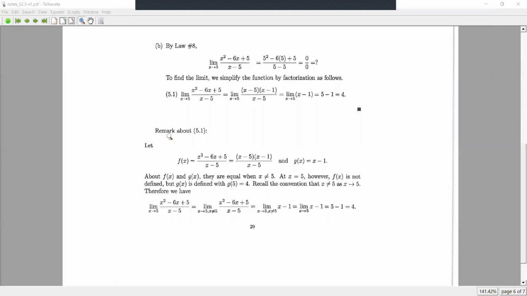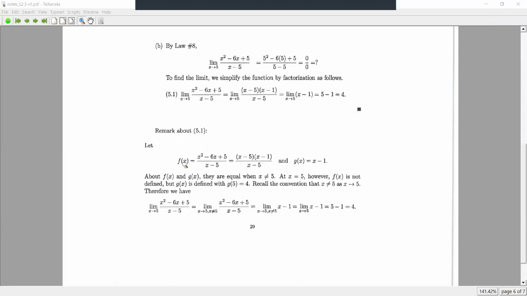Here is one remark about this equation. Let f be this function and let g be this function.